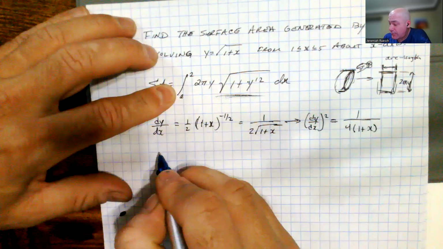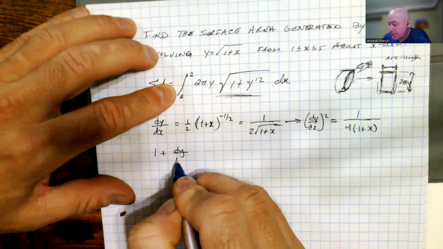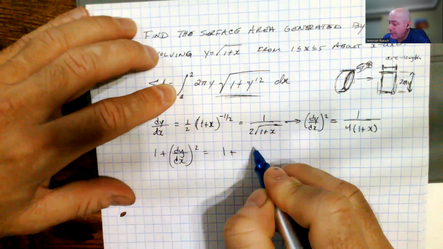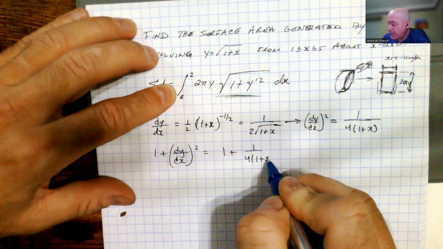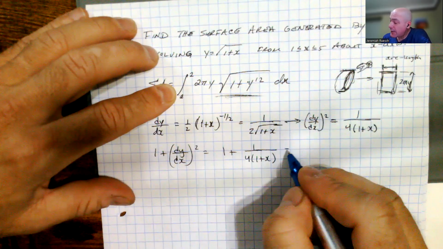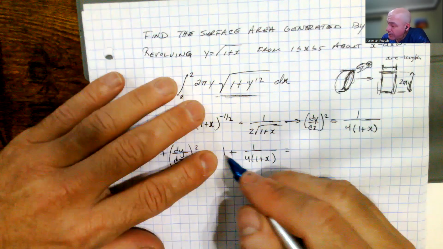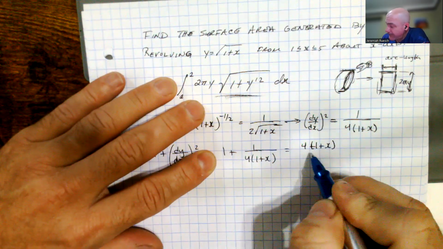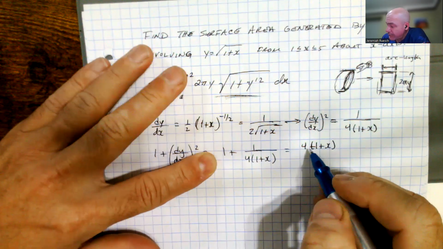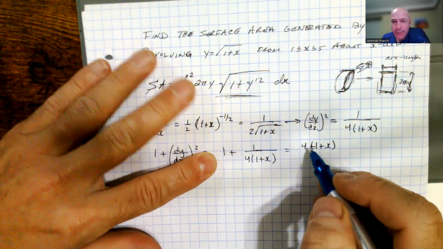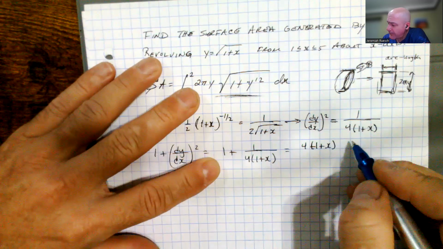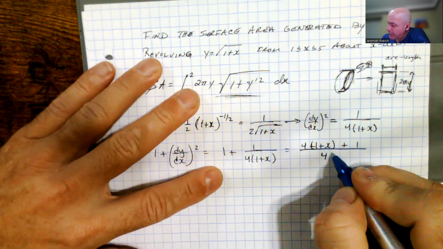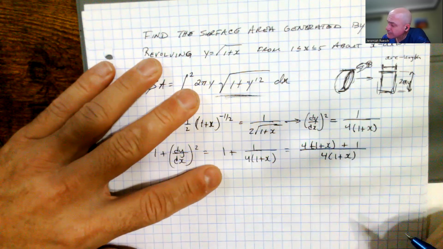Okay, so 1 plus (dy/dx) quantity squared is equal to 1 plus 1 over 4 times (1 plus x), which with a common denominator is 4 plus 1 plus x, all divided by 4 times (1 plus x).